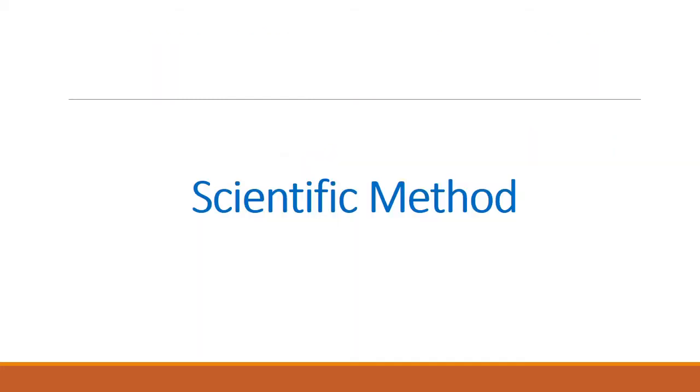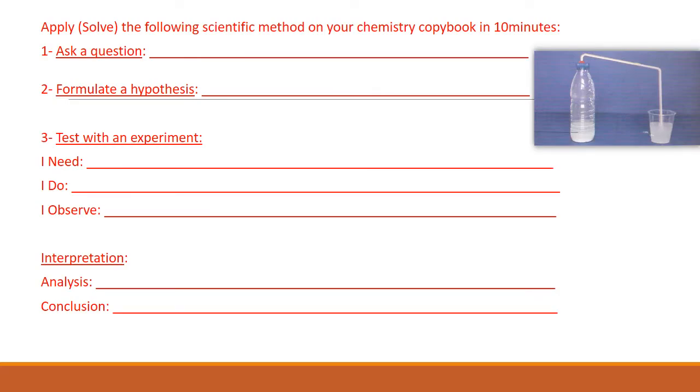So scientific method. Today we will learn how to solve or apply the scientific method. Ask a question. Before we start any experiment, we ask: if we add these two reactants, what happens? This is the question we ask. Formulate a hypothesis.